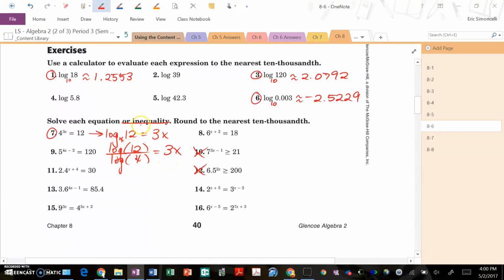So if we take the log of 12 and divide that by the log of 4, 2 separate logs, we get 1.7925, and that equals 3x still. Solving is pretty simple from here. We divide by 3, and then x ends up being roughly 0.5975.